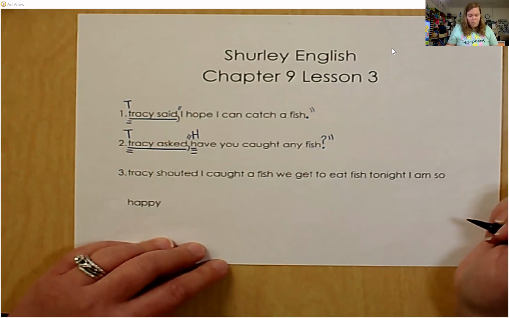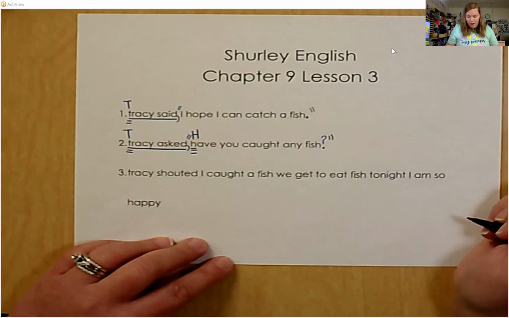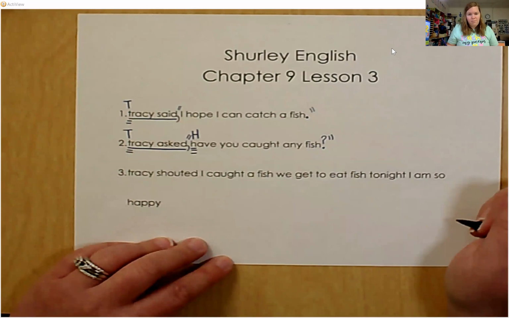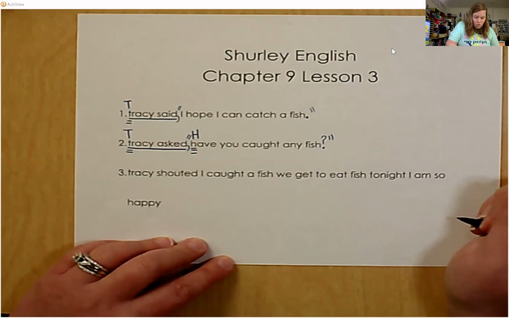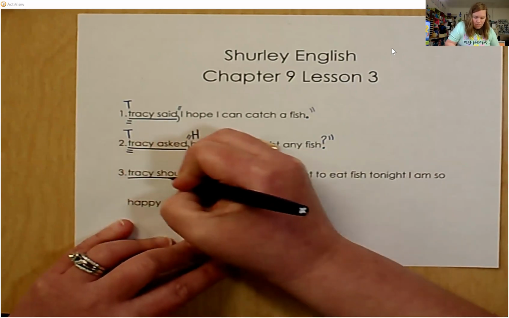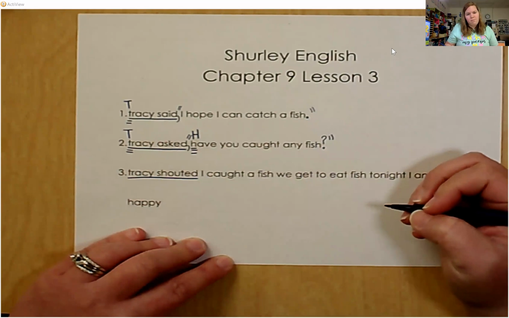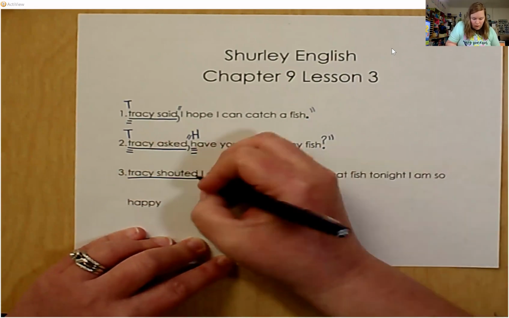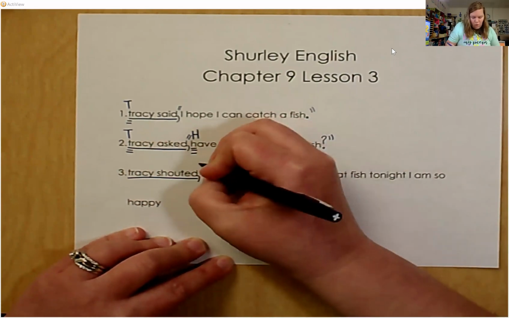Number 3, Tracy shouted, I caught a fish. We get to eat fish tonight. I am so happy. Who is talking? What are the explanatory words? Tracy shouted. Very good. Underline that. So we're going to put a comma and start the quote.